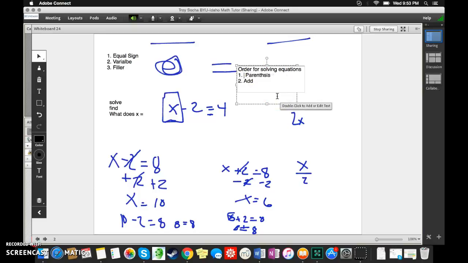So we need to get the parentheses gone first. Whatever processes it takes to get those gone, do that. Then we add or subtract, combine terms, then multiply and divide.